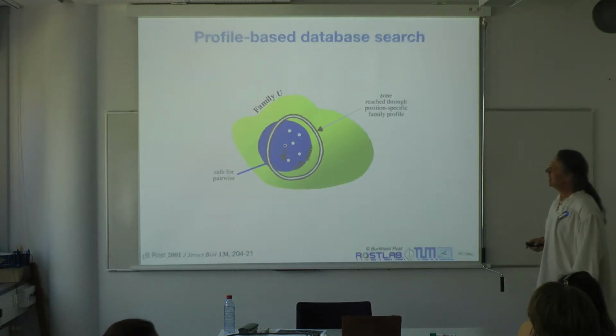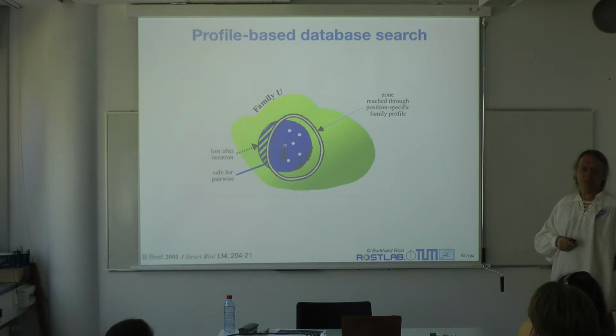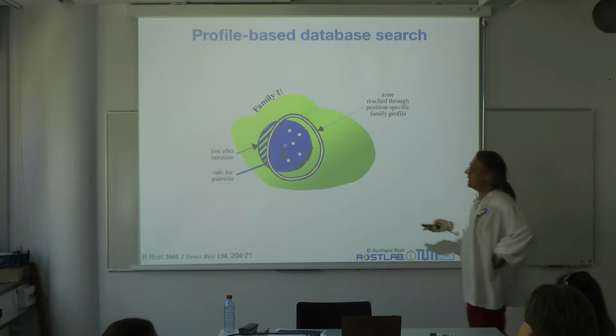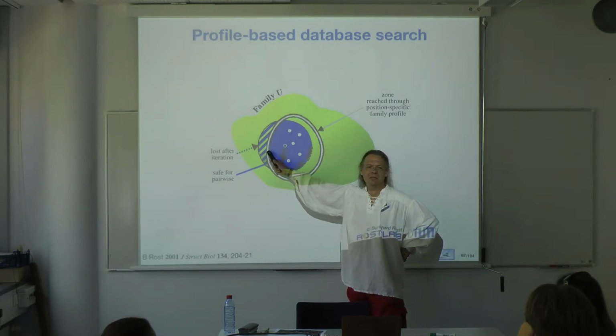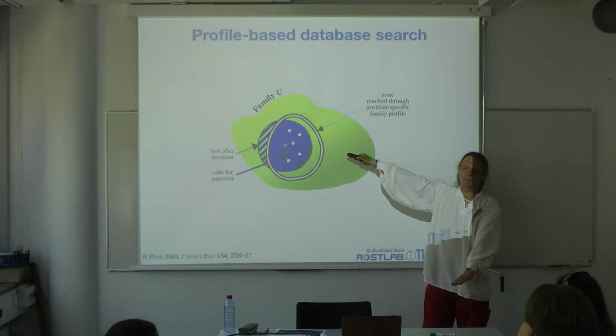Now, one particular reality though is if there had been a protein here, you'd have lost it. It would have come up in the first iteration of PSI-BLAST, but in the final profile in the end, it's no longer in there.